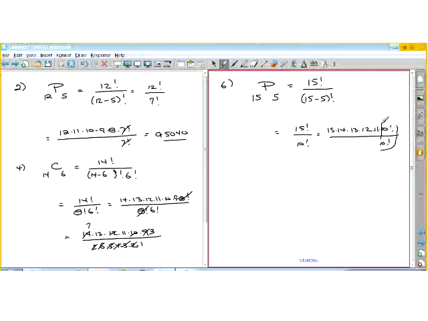We can see that this is 1. So we just end up with 15 times 14 times 13 times 12 times 11. That's what we can stick in our calculator. It is 360,360.